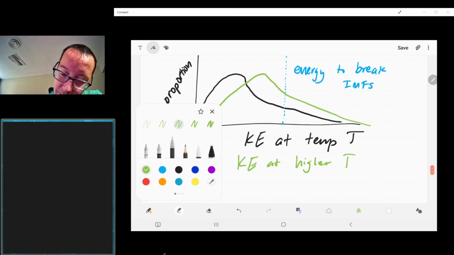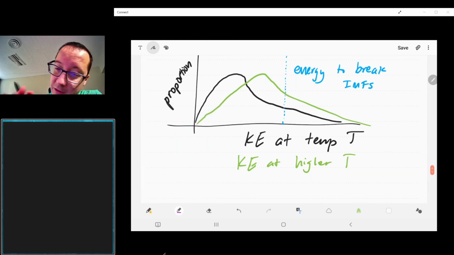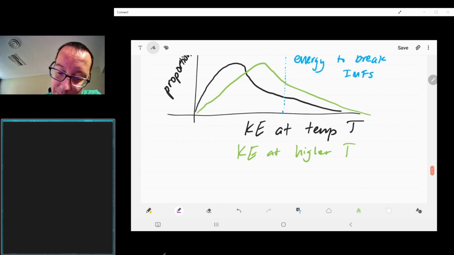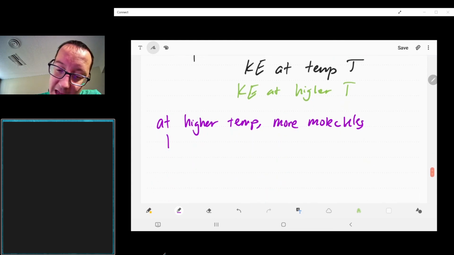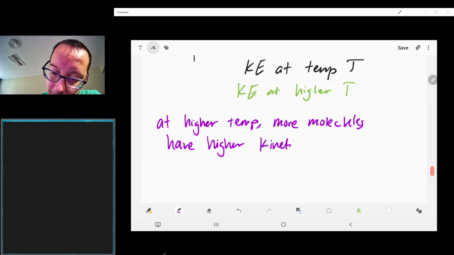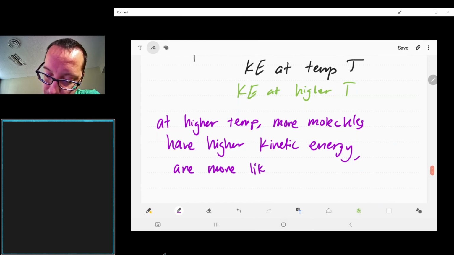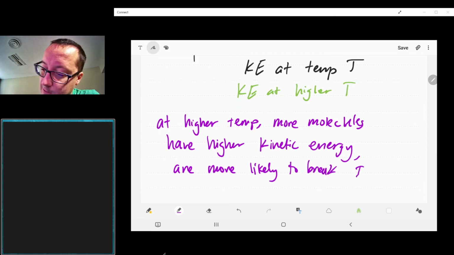So, essentially, again, you don't need to be able to duplicate these graphs or anything, but understand that at higher temperature, more molecules will have higher kinetic energy, and therefore are more likely to break intermolecular forces.